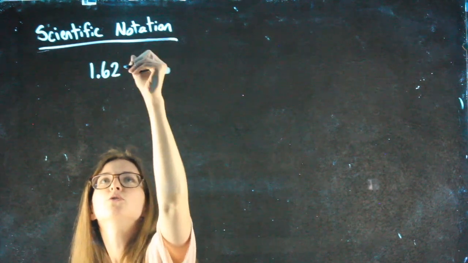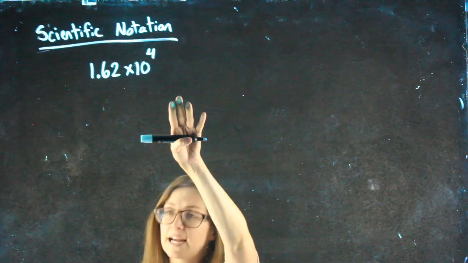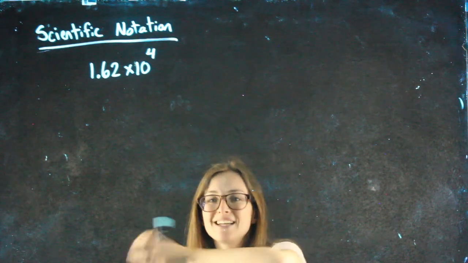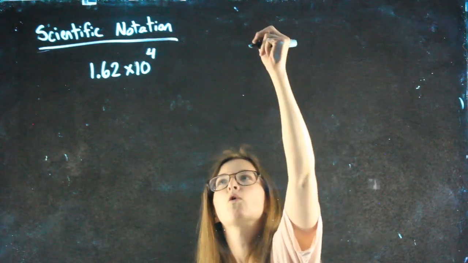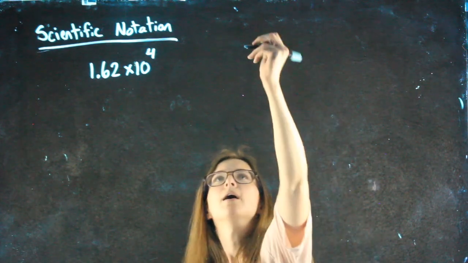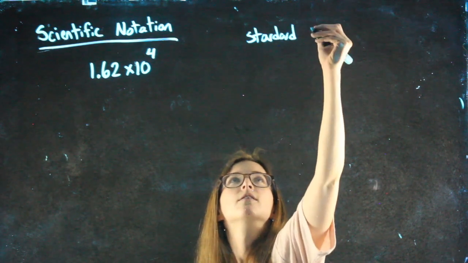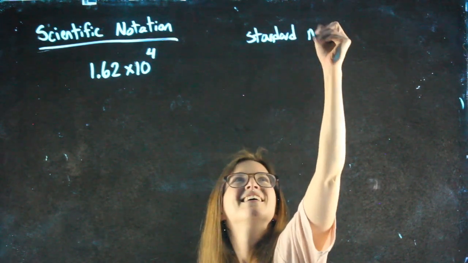So for instance, the number 1.62 times 10 to the 4th, that's a number that's in scientific notation. If I want to take it out of scientific notation, or if I want to really understand, is this a big number or a small number, that would be using what's called standard notation.